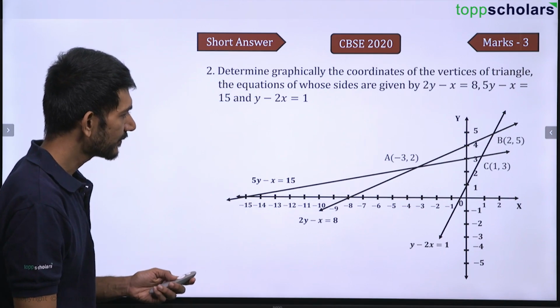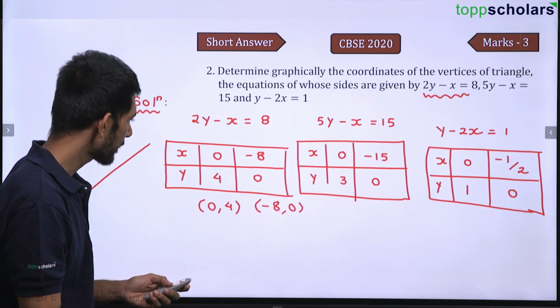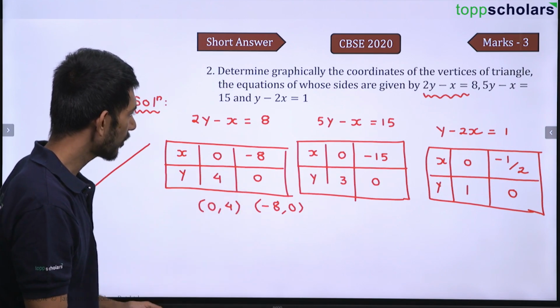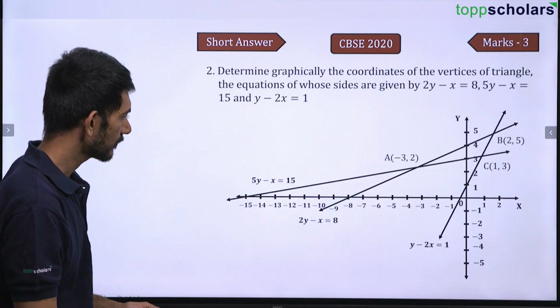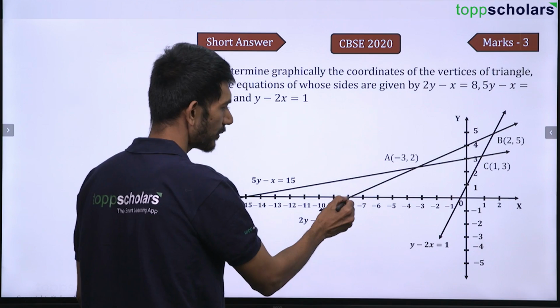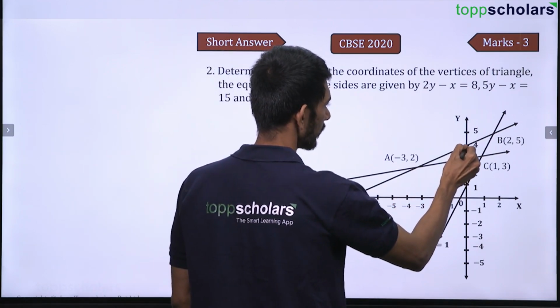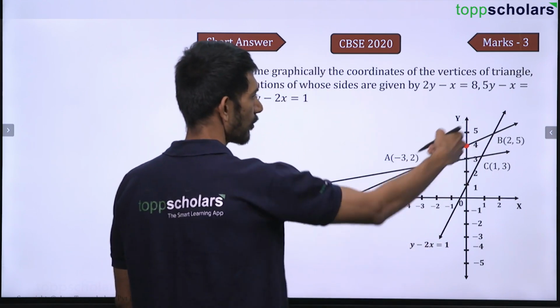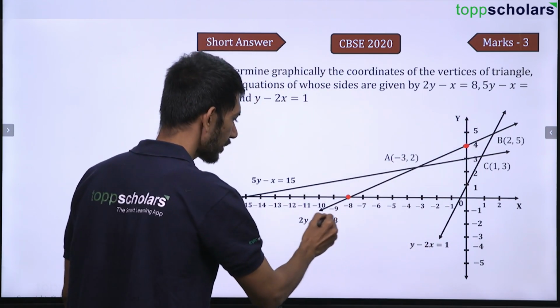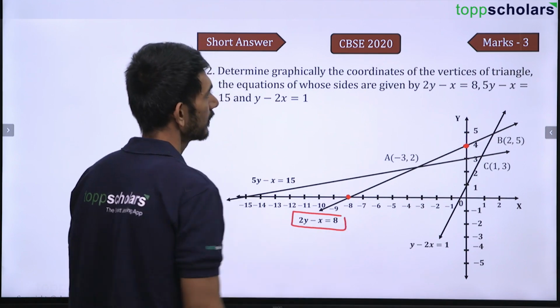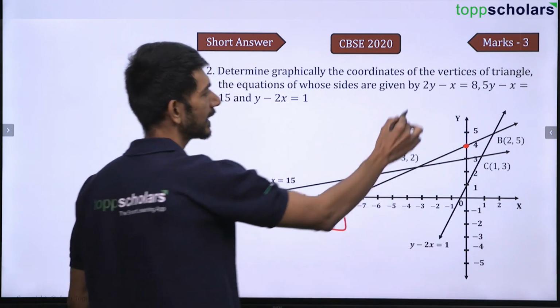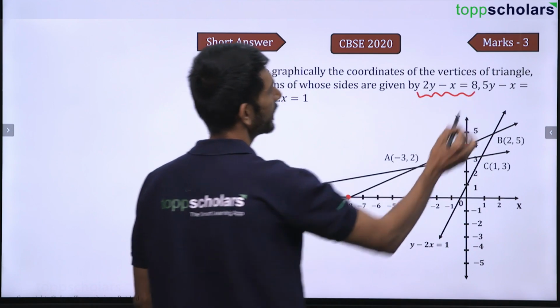See, as I said, let's try to figure out the points. 0, 4, minus 8, 0. See, minus 8, 0, 0, 4, right? So this line is the first line, that is 2y minus x is equal to 8.